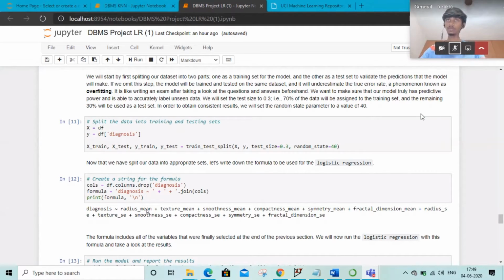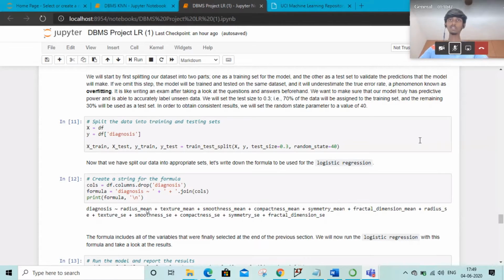To avoid this, we split the data into testing and training. So here we take 70% of the data for training and 30% of the data for testing.